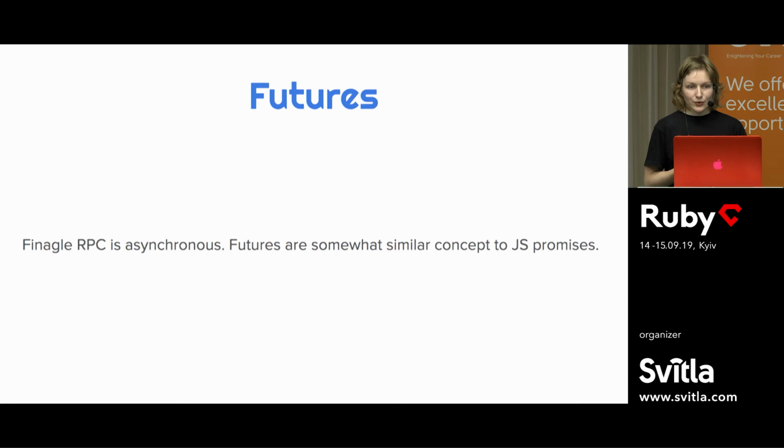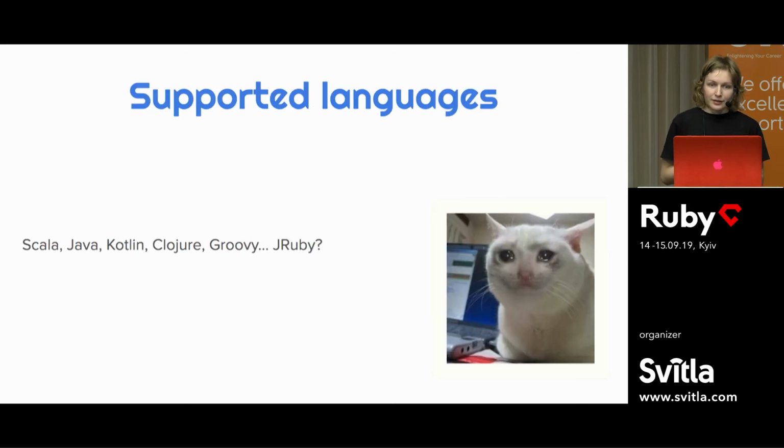Finagle widely uses futures. They are a somewhat similar concept to JS promises, or maybe to Ruby fibers, if you want to compare it with Ruby. And in theory, it should work with all JVM-based languages, such as Scala, Java, Kotlin, and JRuby.